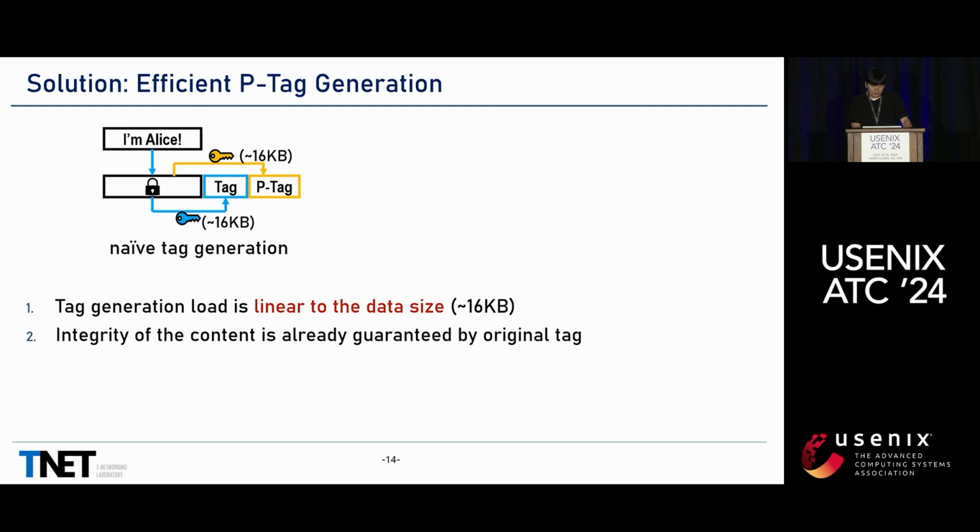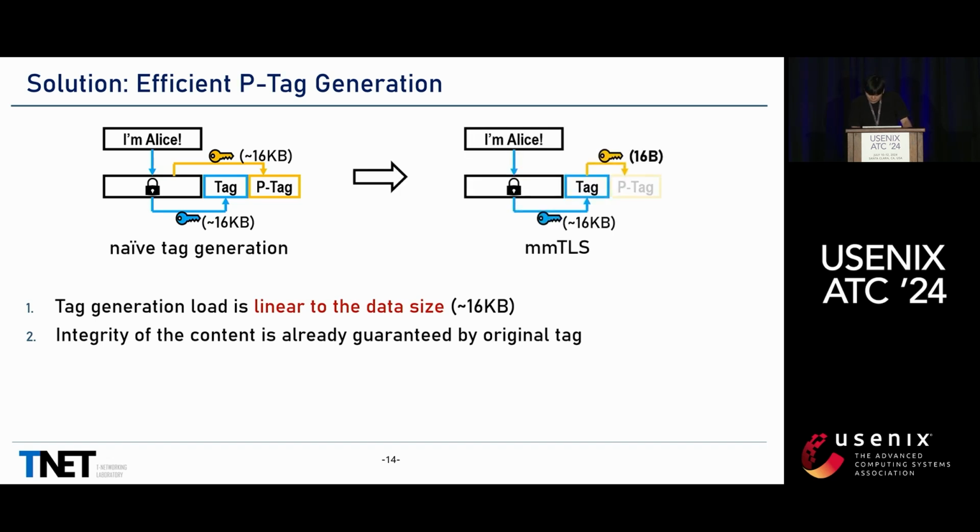Second, the integrity of the content is already guaranteed by the original record tag. From those insights, we designed a new technique for private tag generation. We generate the private tag from only the original tag, excluding the content. Because the size of the tag is only 16 bytes, the overhead for private tag generation becomes negligible.